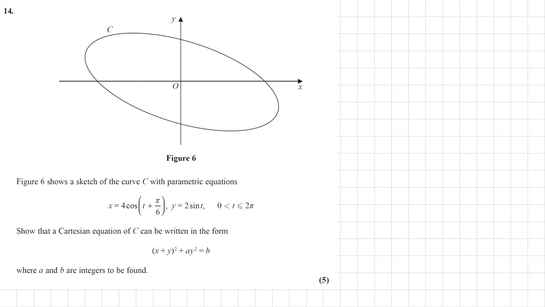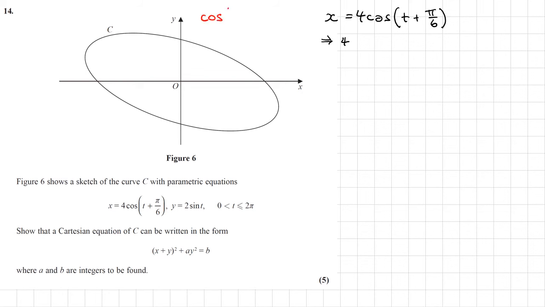So let's start with our x part here. X is equal to 4 cos(t plus pi over 6). And what we'll do, we're going to expand this. So we get 4, and the expansion for cos.